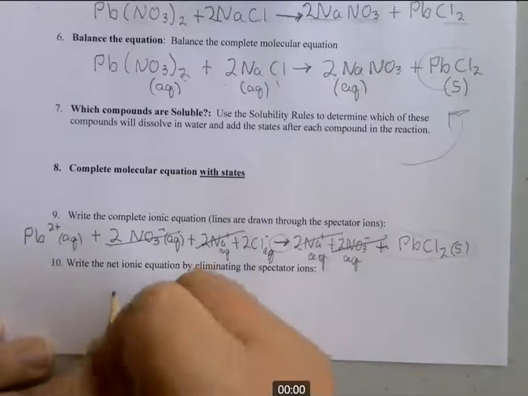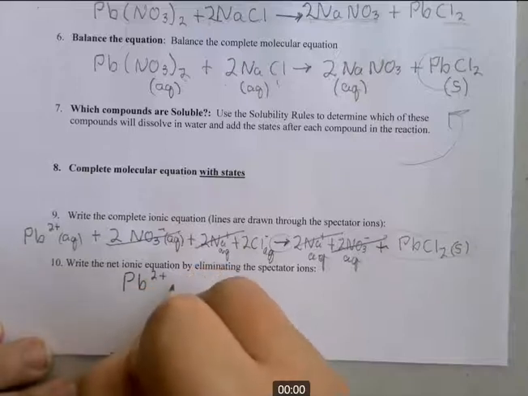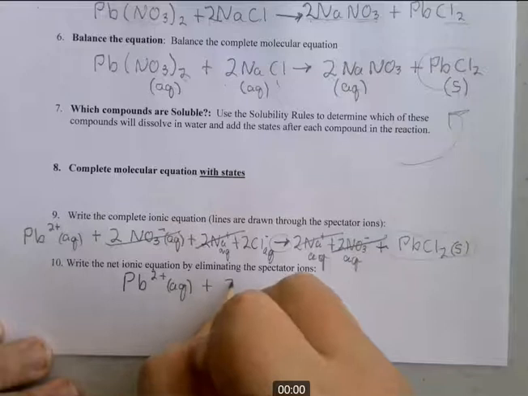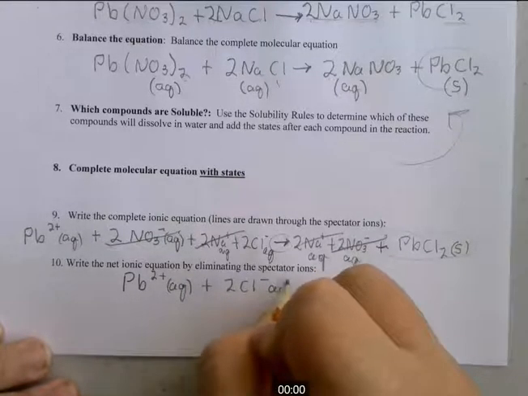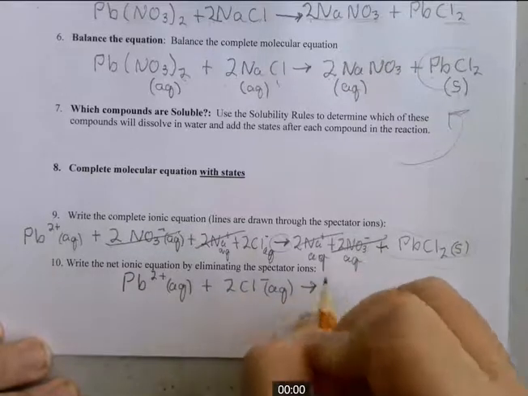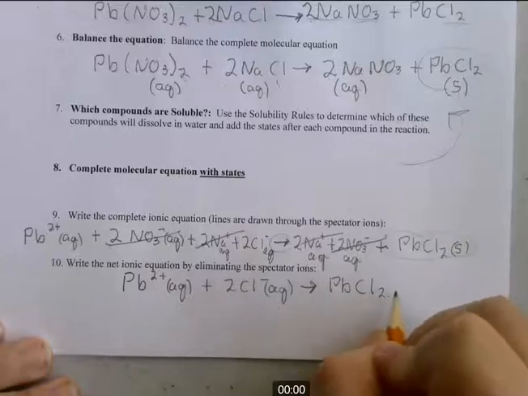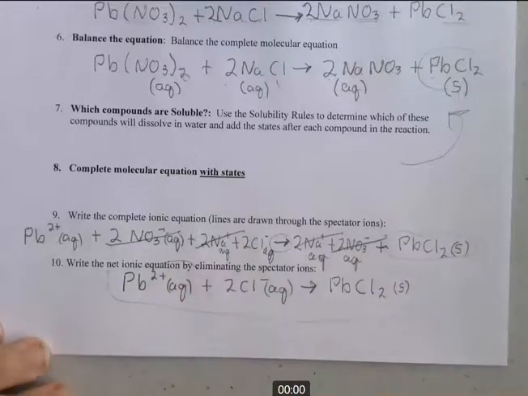So your net ionic equation is going to be the things you didn't cross out. Pb2+, aqueous. Okay, and that's your final answer, your net ionic equation.